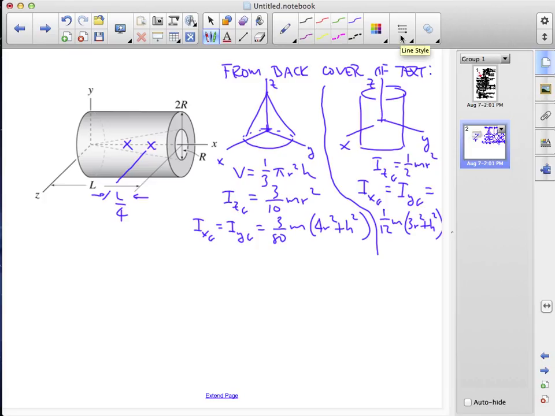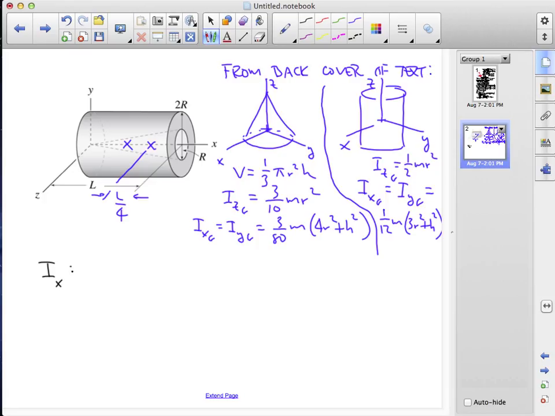So of these two calculations, Ix is the easier one, because again, the x-axis of the problem statement coincides with the x-axis of the centers of mass of both the cylinder and the cone, so there's no parallel axis offset.